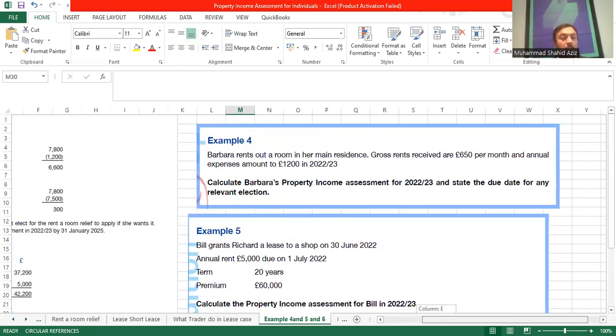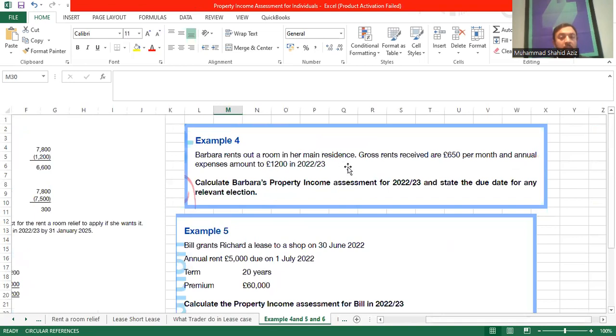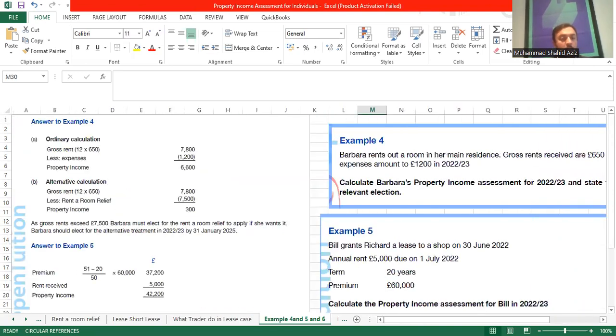Here, Barbara rents out a room in her main residence. Rent is 650 per month and annual expenses are 1,200 pounds. We need to calculate the rent a room and see which option is good for her. Rent is 650 multiplied by 12, which is 7,800, and actual expenses are 1,200 pounds.